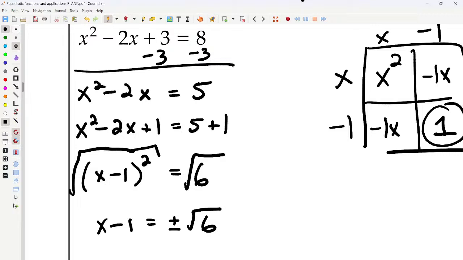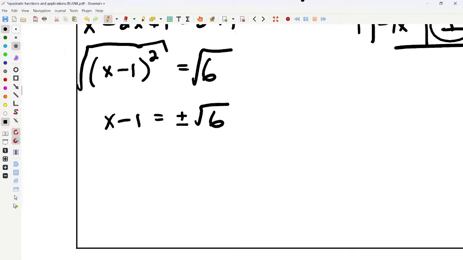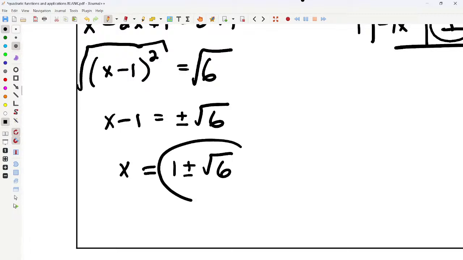We just keep this in what we call its exact form. It's a fine number, maybe not applicable, but in math class, it's a fine-looking number. It's the square root of 6, so leave it alone. Simply add 1 to both sides. And those are your 2 solutions, 1 plus the square root of 6 and 1 minus the square root of 6.